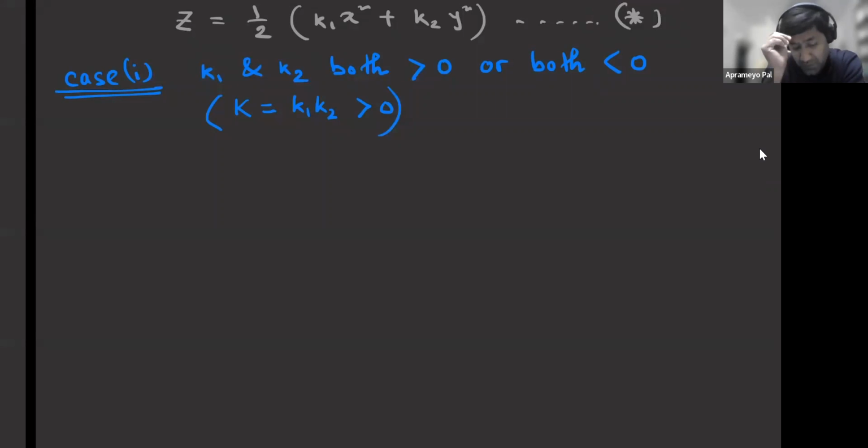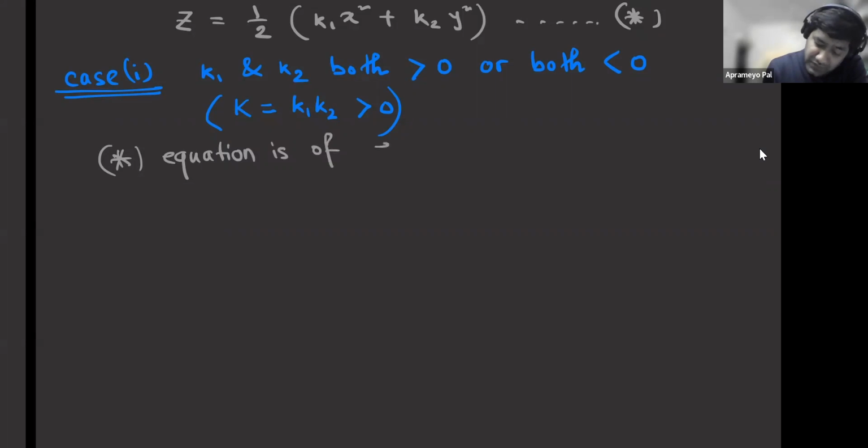I don't remember whether it was explained in the previous week, but it is the equation of a surface called a paraboloid, an elliptic paraboloid.